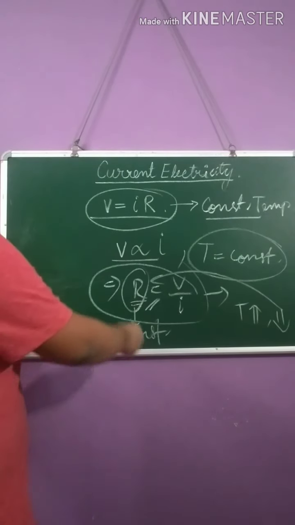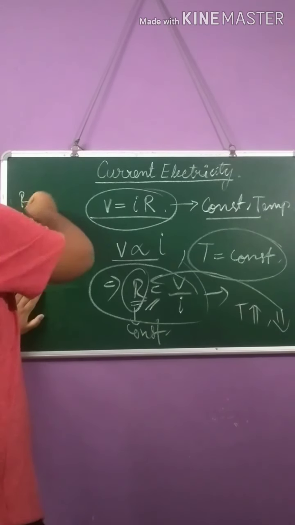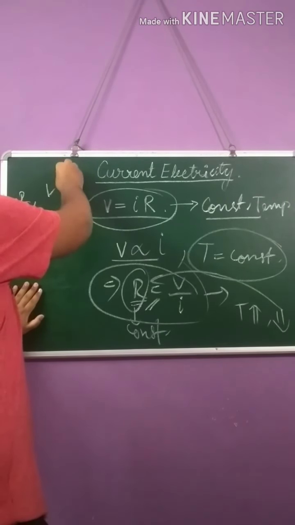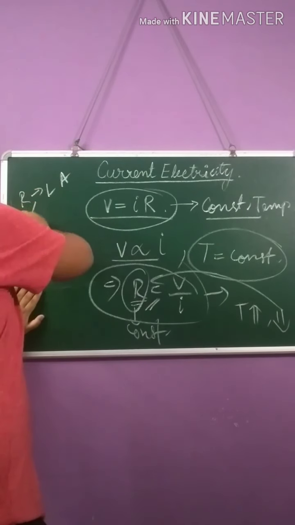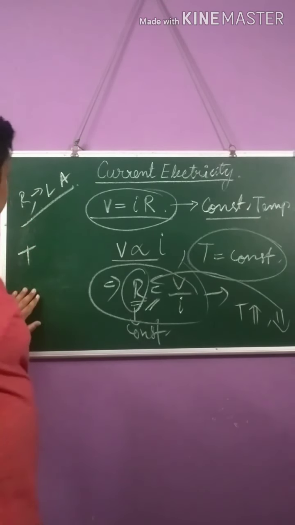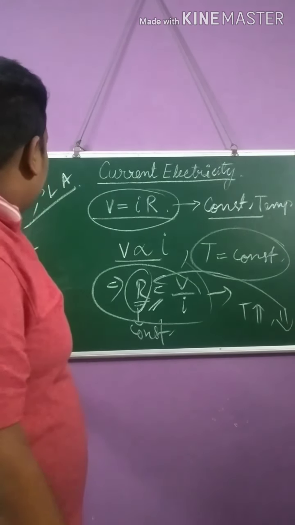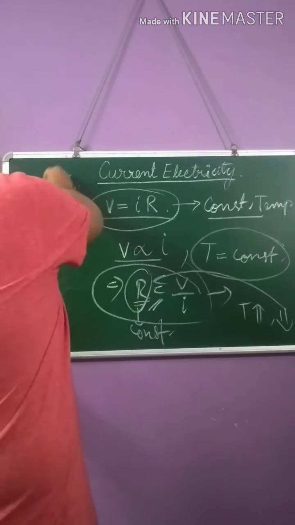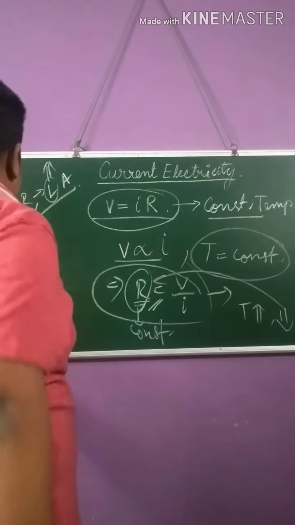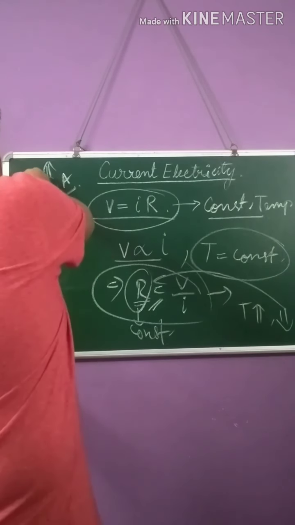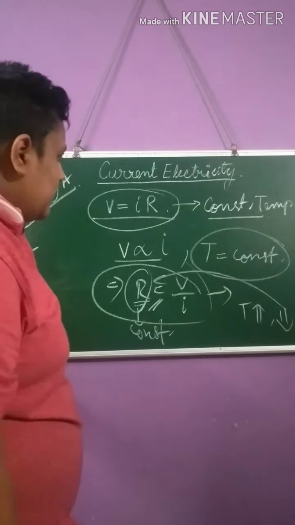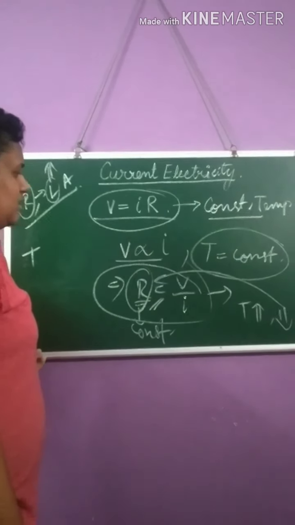Later we will learn that resistance depends on the length and area of the conductor. On increasing the temperature, thermal expansion occurs, and as a result the length increases. So this will affect the resistance. You will learn thermal expansion in class 11.